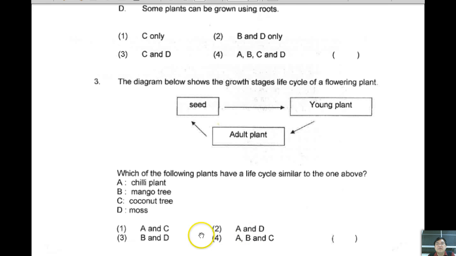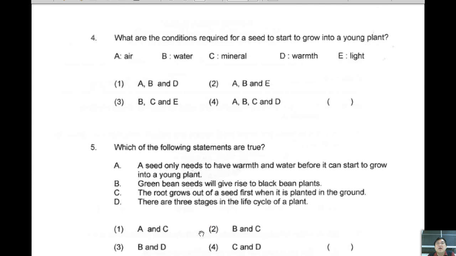Let's carry on. Go to question number 4. What are the conditions required for a seed to start to grow into a young plant, to germinate? Now, obviously, light is not needed. Not necessary. So I have to cross out this.